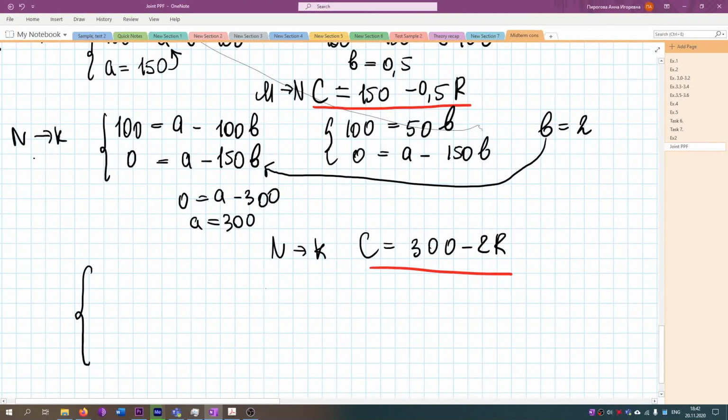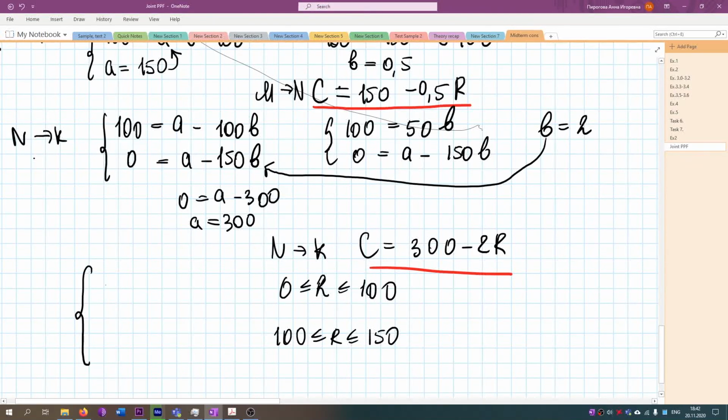So the first part is from r equal to 0 to r equal to 100. And the second period is from 100 to 150.